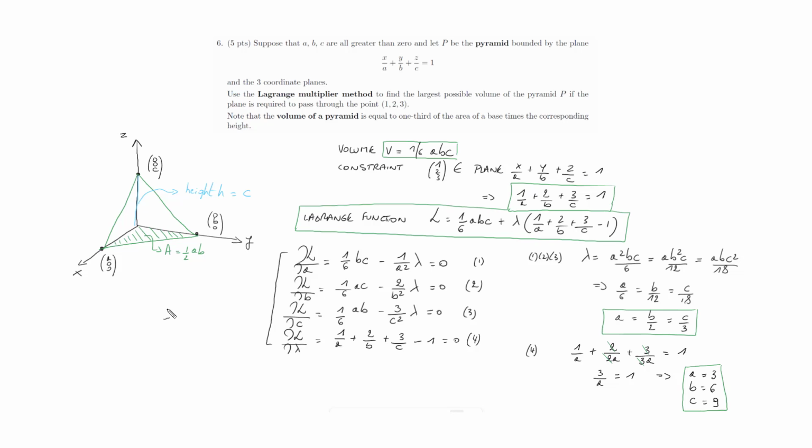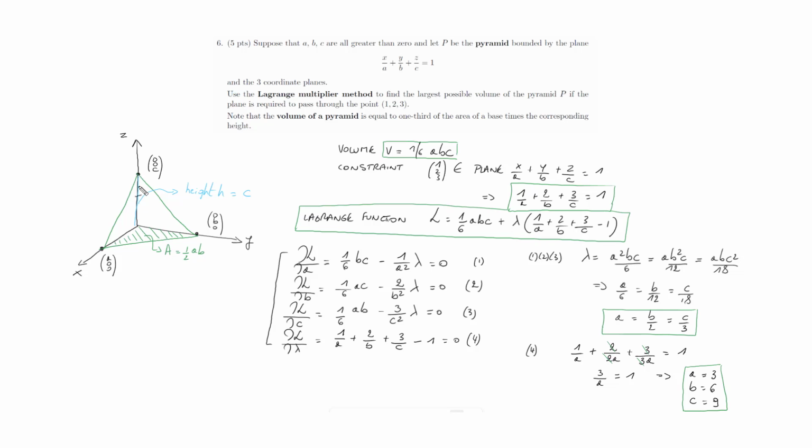The volume of the pyramid, well, you can take a basis. For instance, I've taken this basis over here, and it's quite easy to compute its area, right? Because you have a right angle here, so the surface of this triangle is simply A times B divided by 2.